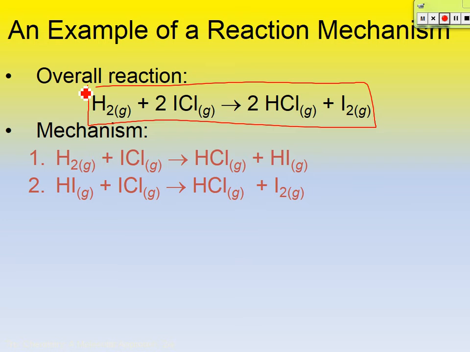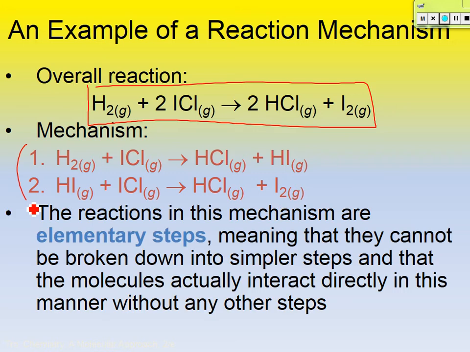In fact, the mechanism happens in 2 steps. We call these steps elementary steps. These 2 steps of the mechanism are called the elementary steps. The reason they're called elementary is that they cannot be broken down into simpler steps. They are as simple as they get. So broken down, the mechanism would have 2 elementary steps.